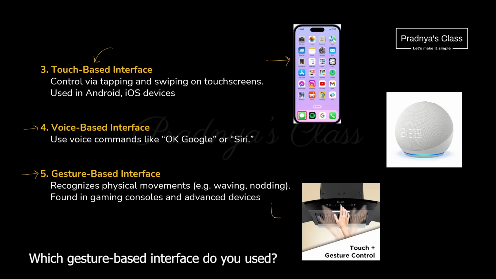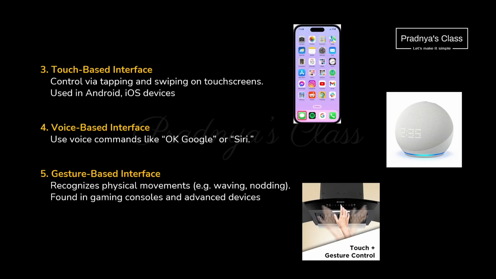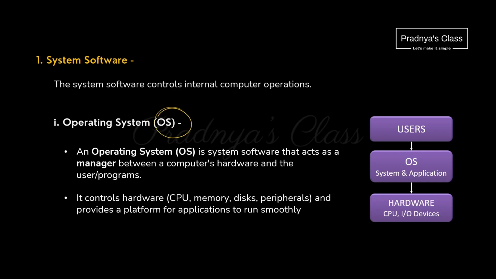You might have seen a kitchen chimney where you just wave your hand and it starts operating. So we discussed a total of 5 types of interface: command line, graphical user interface, touch based, voice based and gesture based. So with that we covered the operating system from the system software.